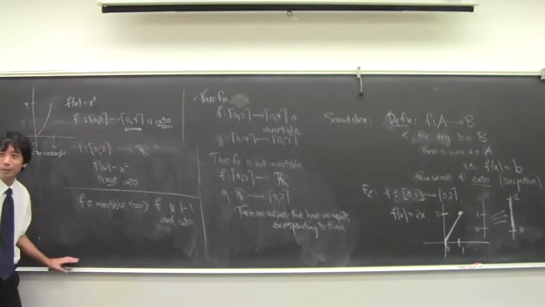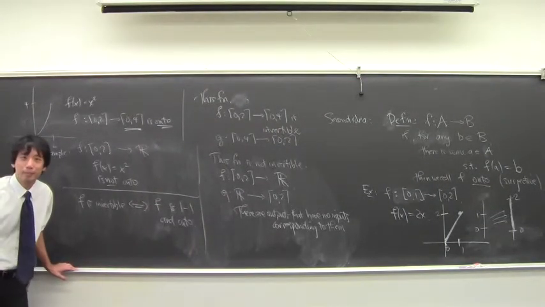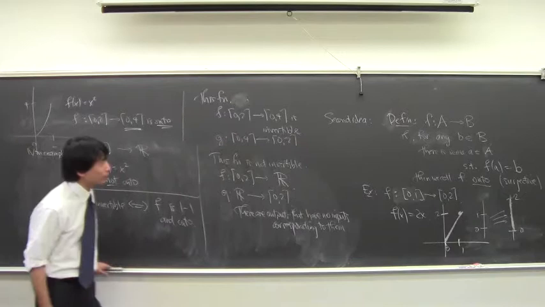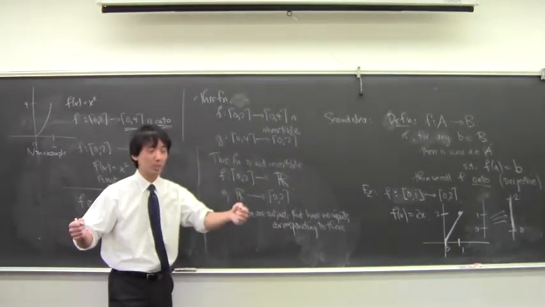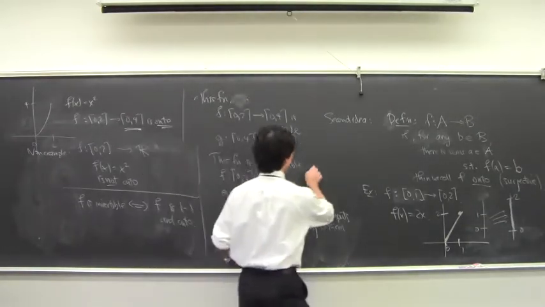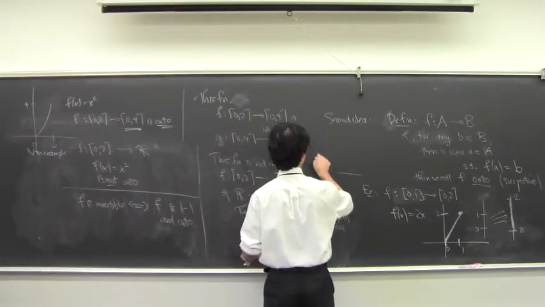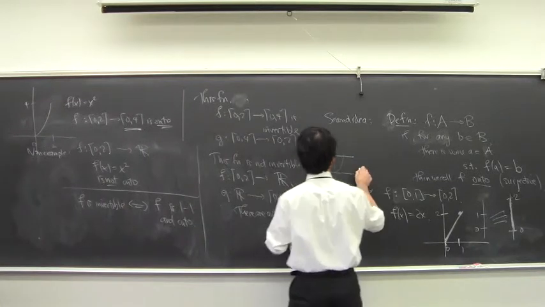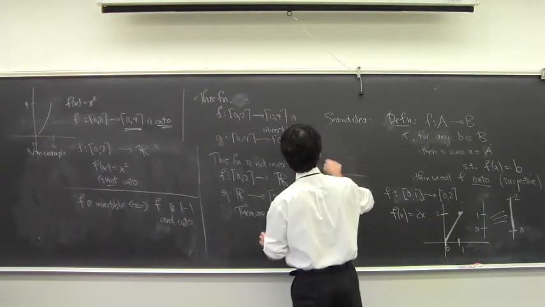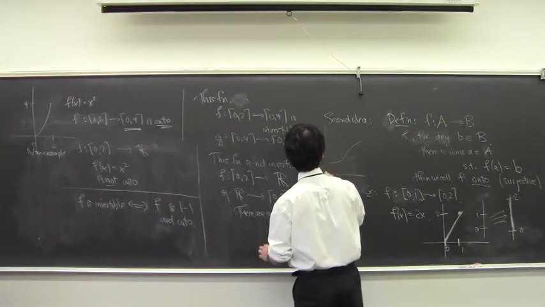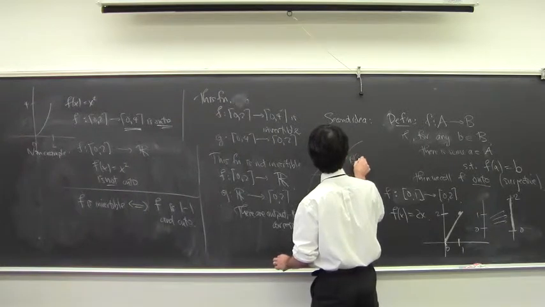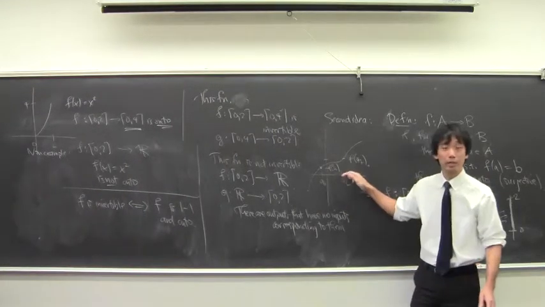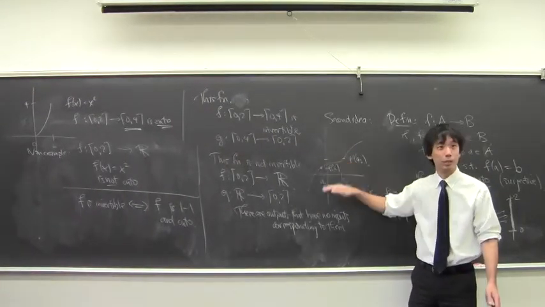I hope this is making sense. Anybody confused by this? The main part of invertibility is being 1 to 1. You never fail the horizontal line test, so you never have anything like this. You always have one input corresponding to one output, so then you can get back from the output to the input.